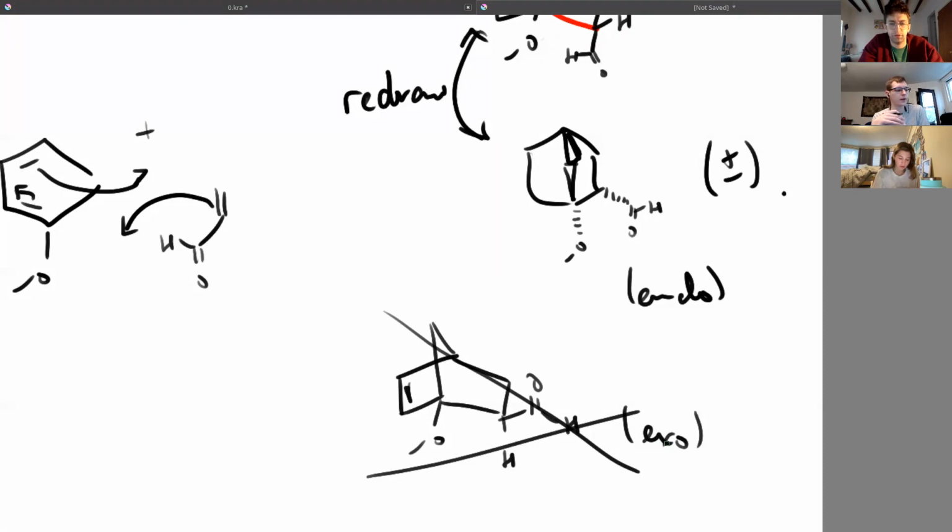Also, do we have to consider the most stable chair conformation and stuff like this? Oh, I don't think so. No. I can't think of a situation where that's come up.